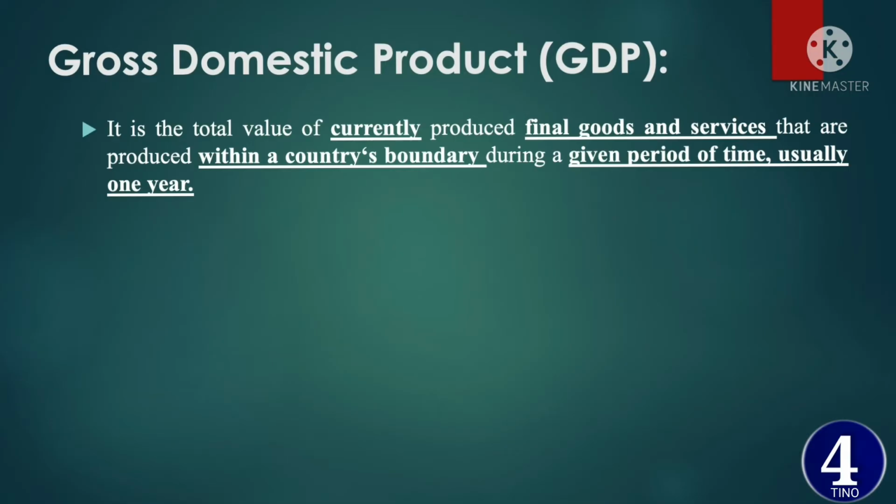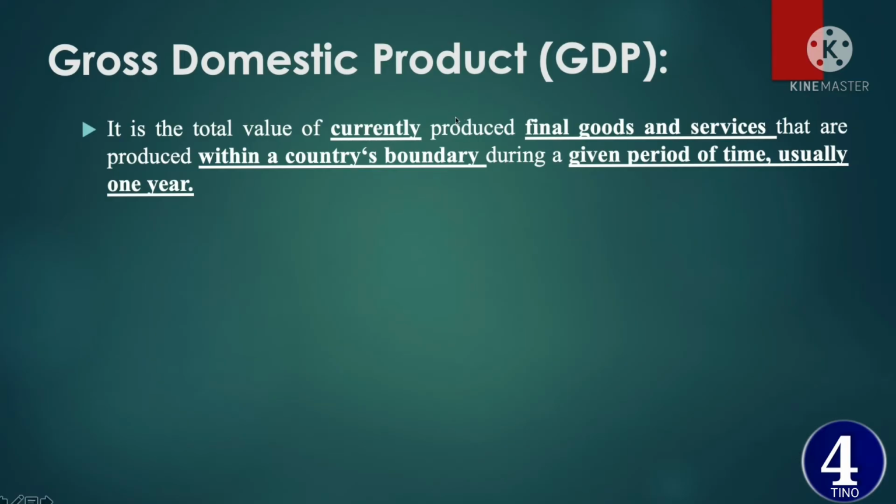If you count tires and also count cars, it means that tires are counted twice in the country: once in the tire counting, and second in the counting of a car. When we say a car, it means that it contains tires, right? So we have to count the final product, which is a car, not the tires and other spare parts of the car.